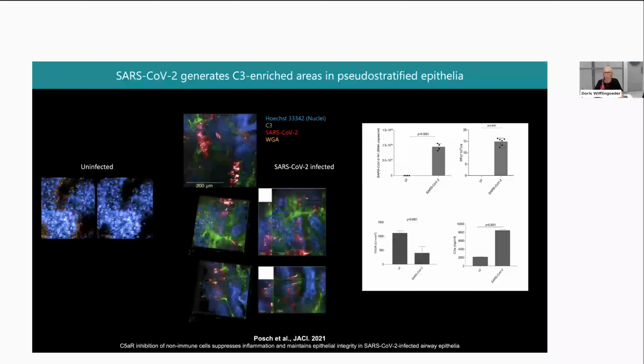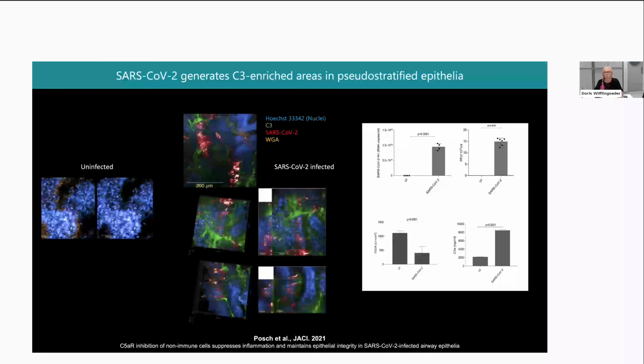And this is what I already showed you, that complement C3 is highly induced in the air liquid interface system, but also in the lung organoids.